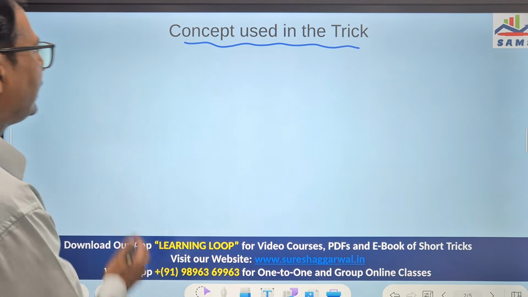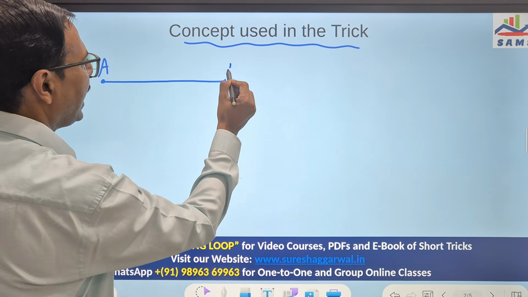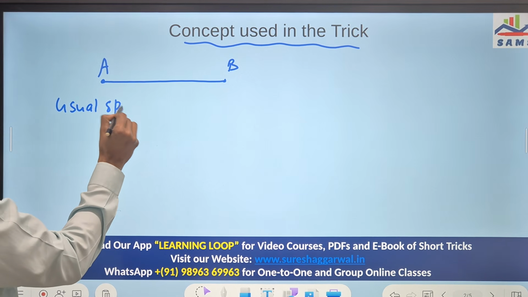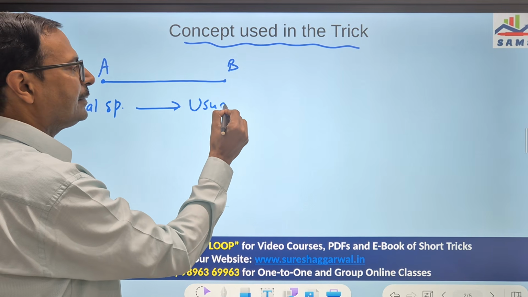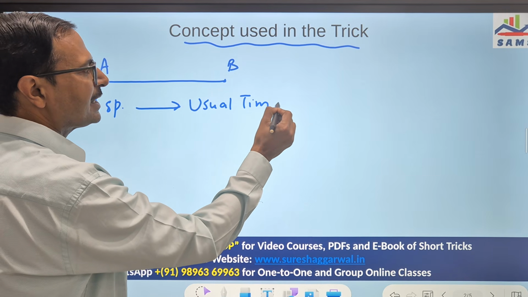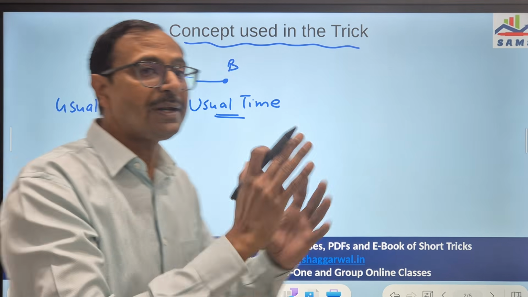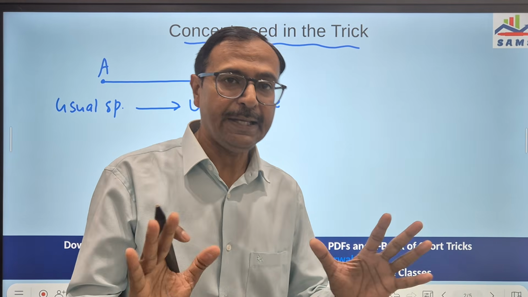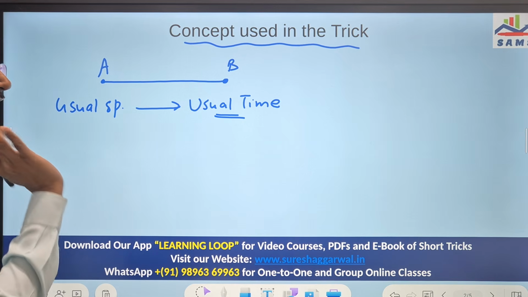So friends, let's first understand the concept used in the trick. There is a distance from A to B, and at some usual speed I am taking a usual time. This is the time required for me to reach on time. That means I will not be late or early.